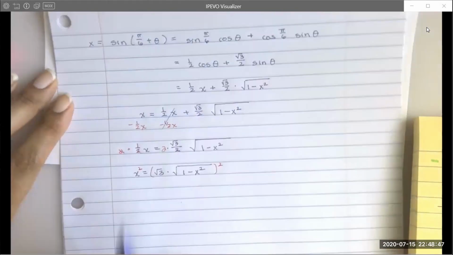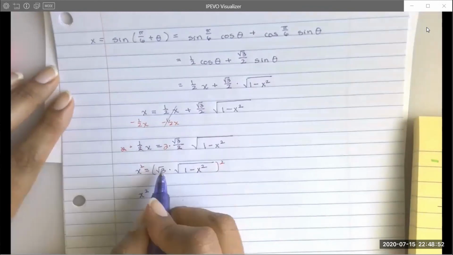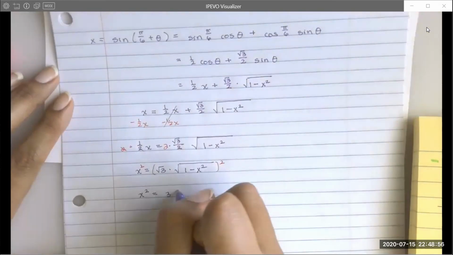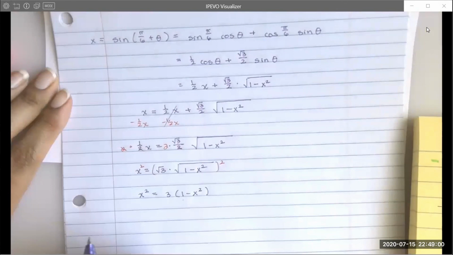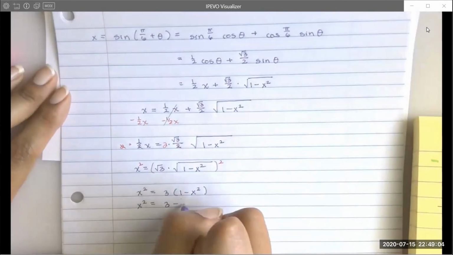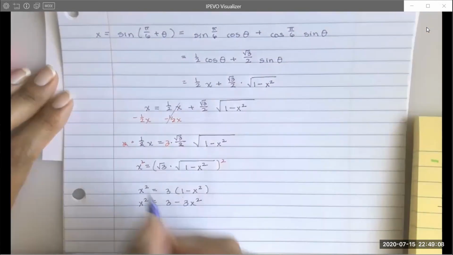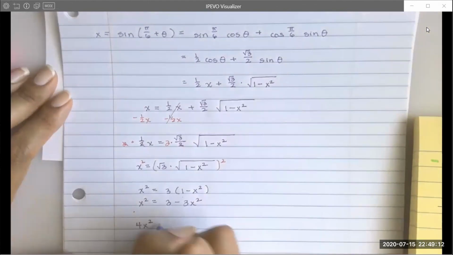So we'll end up with x squared is equal to square root of 3 squared would just be a 3 times 1 minus x squared. Then this becomes x squared is equal to 3 minus 3x squared. Add the 3x squared to both sides to get 4x squared is equal to 3.